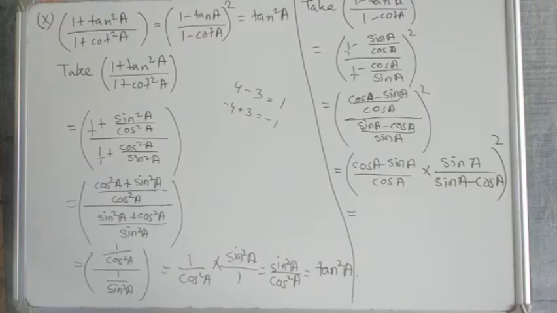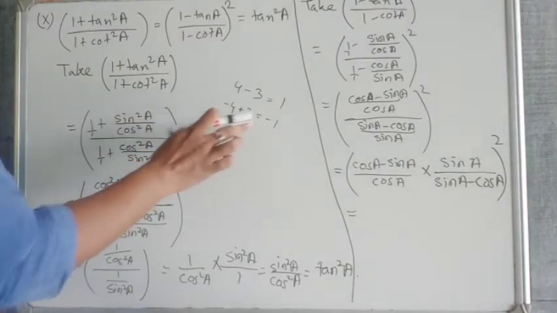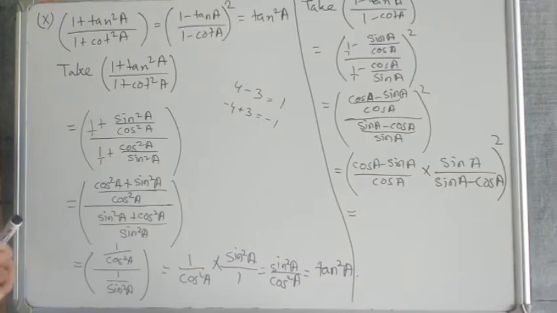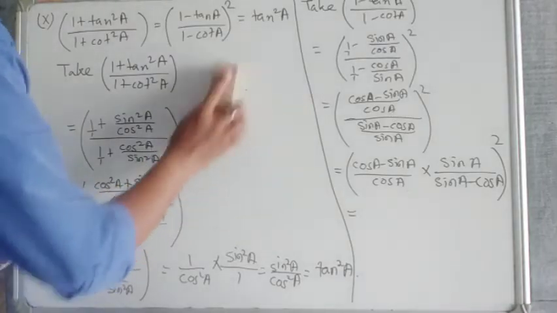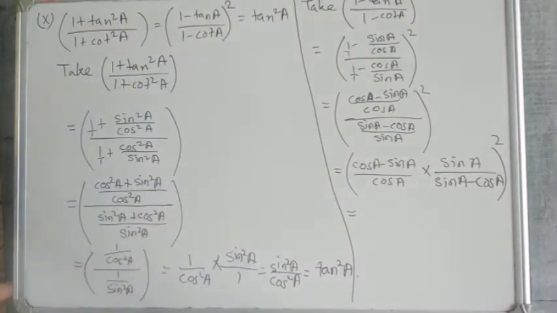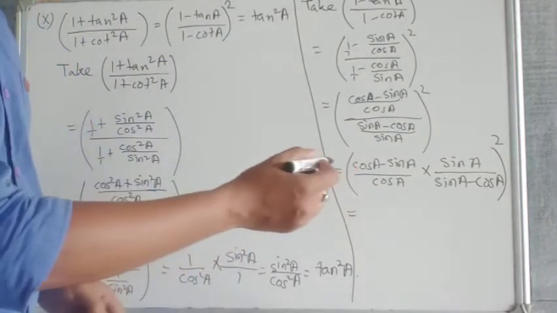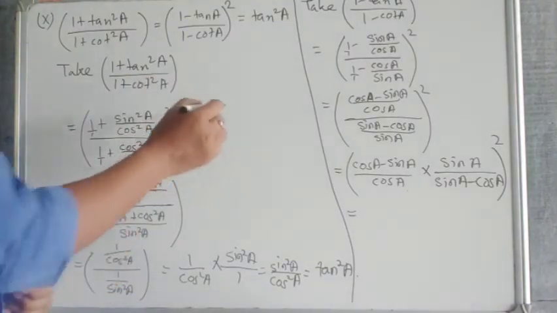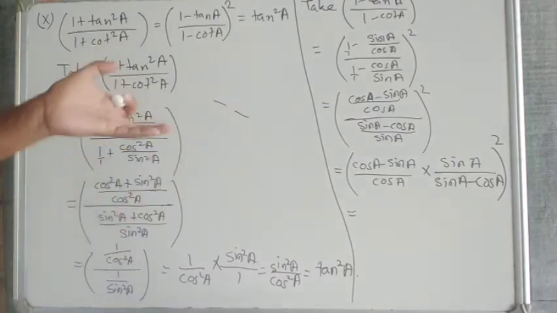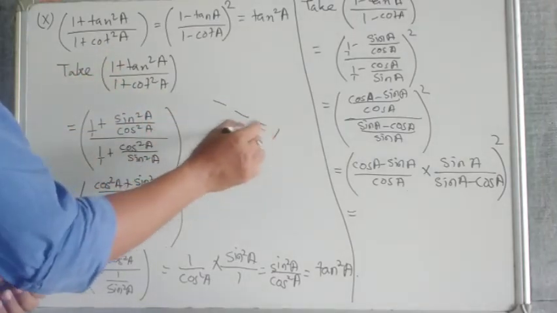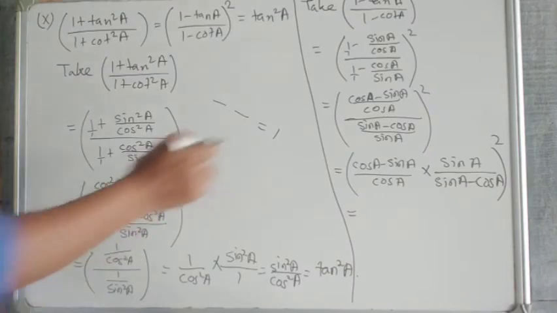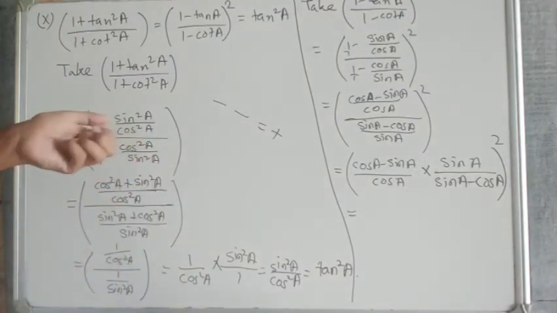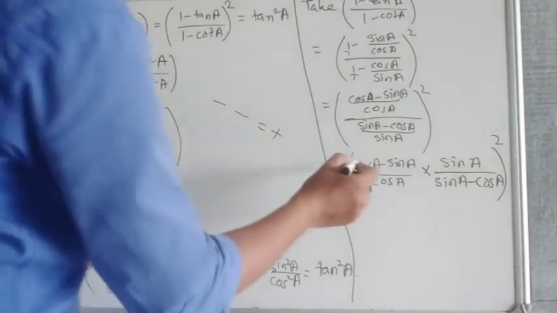With numbers there is no need, directly we will do. Now I will multiply by minus, 2 minus I will multiply. 2 minus will give me what? Plus only. Minus minus is plus. So the same thing I will do here also.